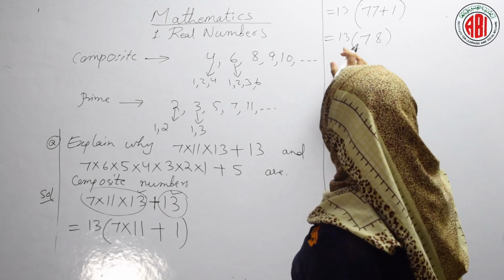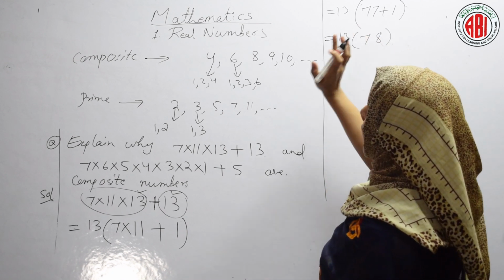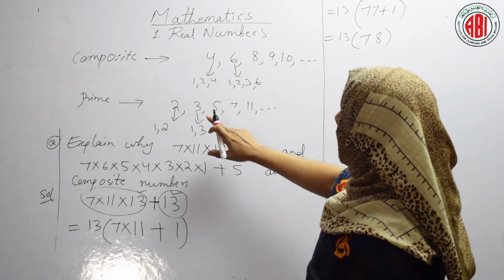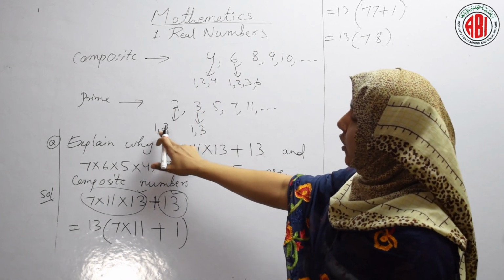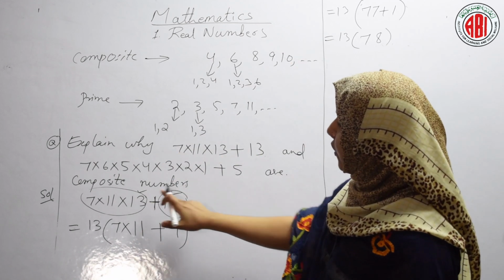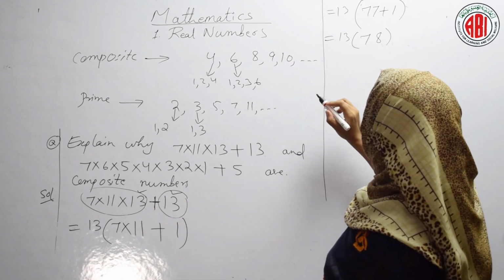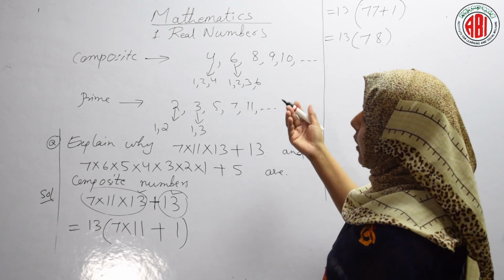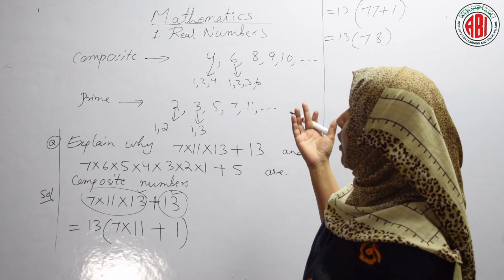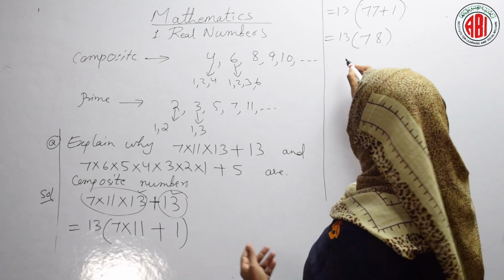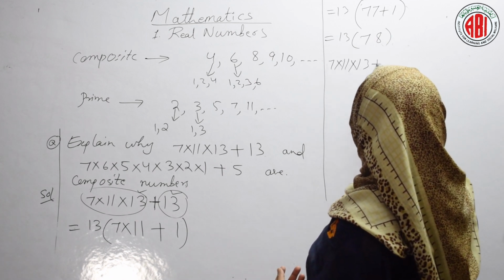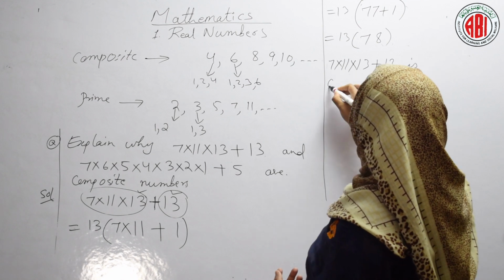Look, the answer we are getting is a product of 2 numbers. As I told you, composite numbers are numbers which have more than 2 factors. Prime means it has only 2 factors, one and itself. You can see this number has the factors 13 and 78. Looking at this we can say it is a composite number, because composite numbers have more than 2 factors. So 7 into 11 into 13 plus 13 is a composite number.